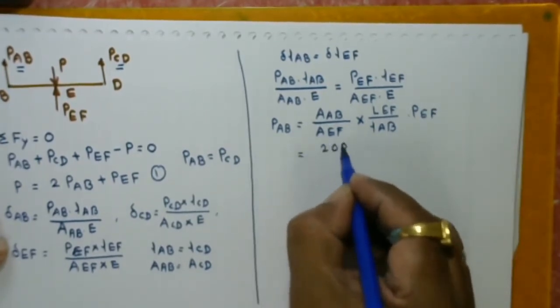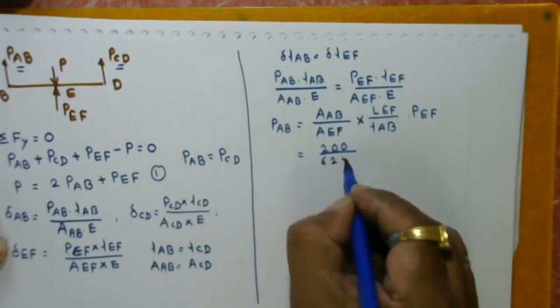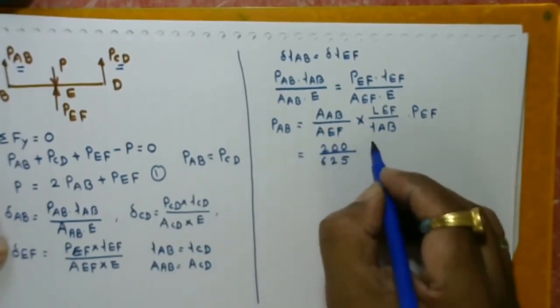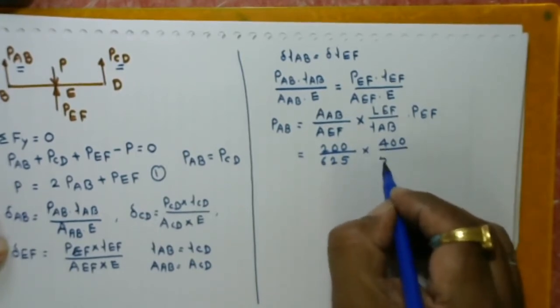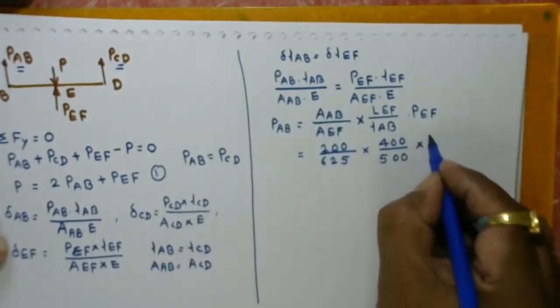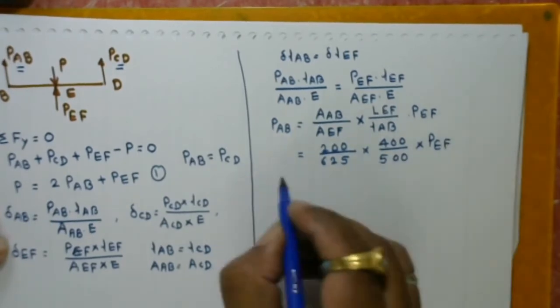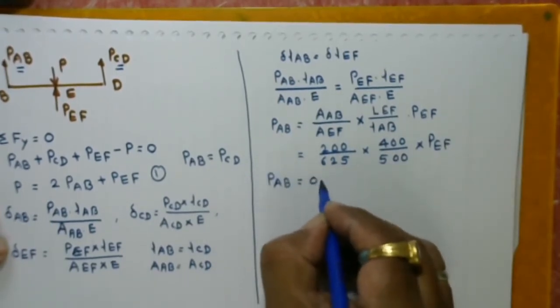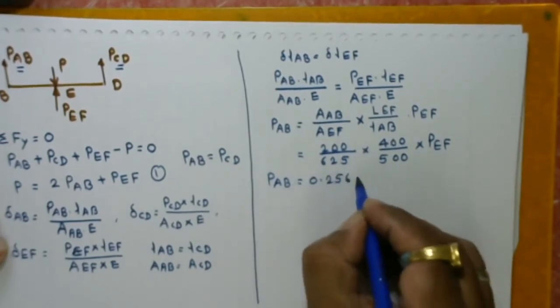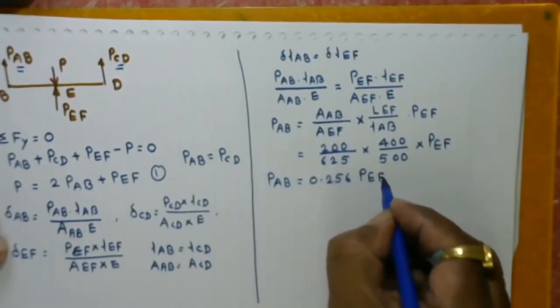That area is given to you. Put this value into 400 divided by 500 into PEF. So we will get one relation, PAB is equal to 0.256 PEF. That is our relation 1.